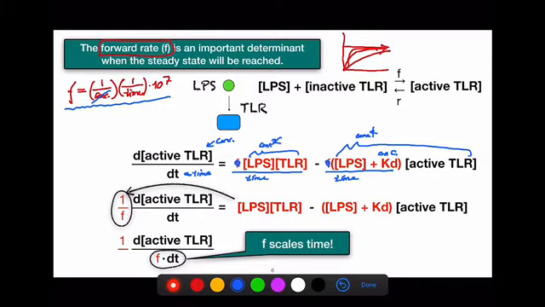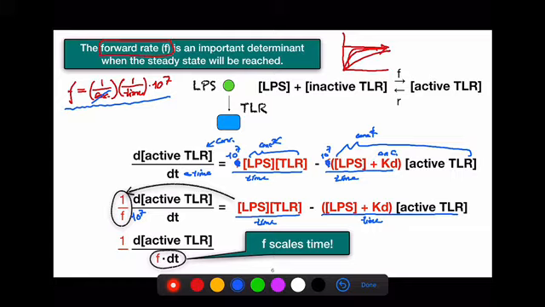And this f becomes some number, which is 10 to the power 7, which is what we have chosen for an example. Now what you can do is to divide both sides by 10 to the power 7, which means that we'll have time on the right hand side. On the left hand side, we have to divide by 10 to the power 7.